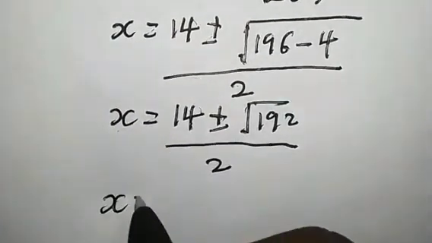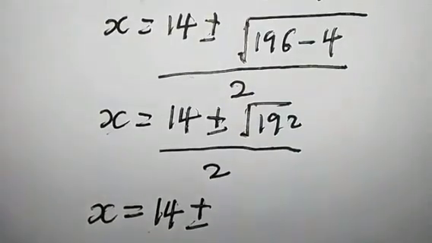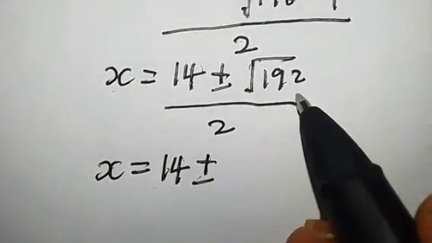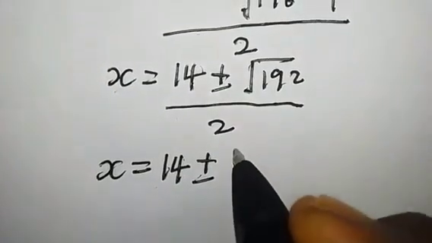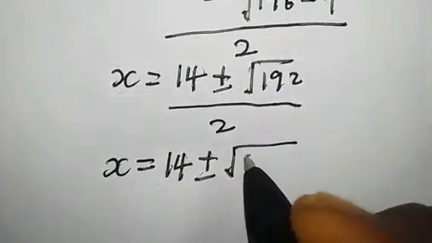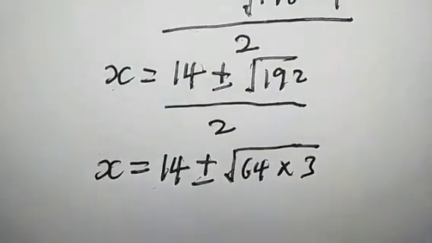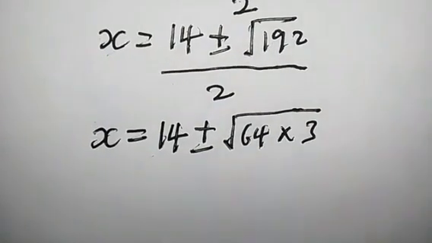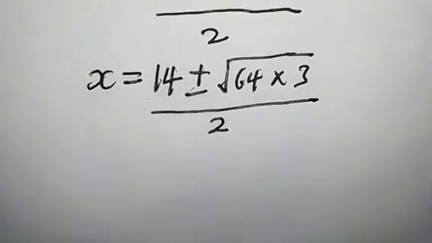So the value of x equal to 14 plus or minus, I can simplify this square root of 192 further by writing it as square root of 64 times 3, because 64 times 3 gives 192. So let's continue. All divided by 2.